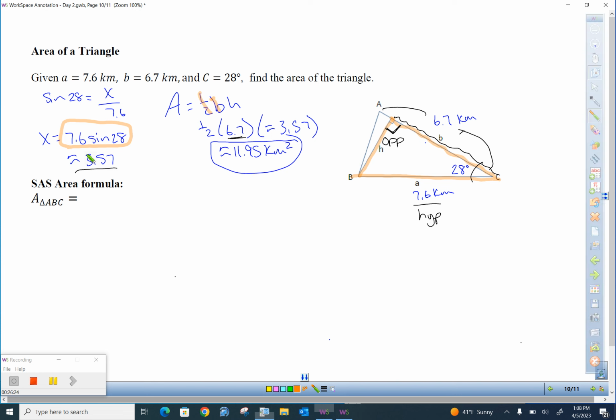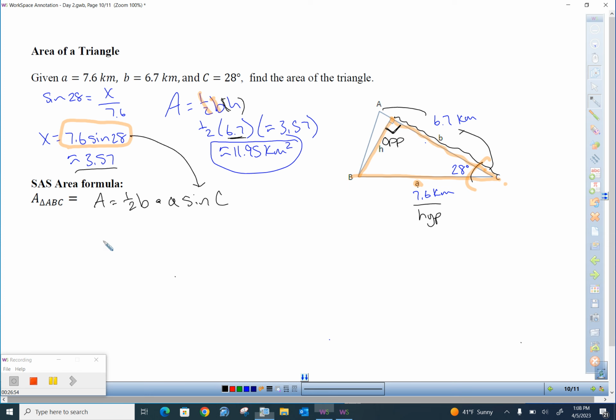If we look at our triangle, the 7.6 was the A, and the sine of 28 was the sine of angle C. So with substitution, that would look like 1/2 the base, because those are parts of our triangle. The height is not necessarily part of our triangle, so that's what we can solve for. And that looks like A sine of C. That's what we did to solve here.